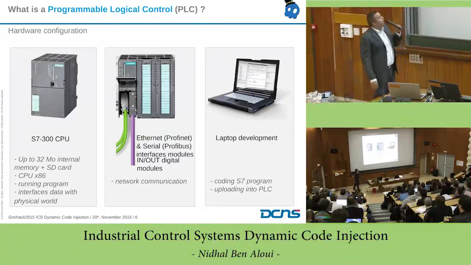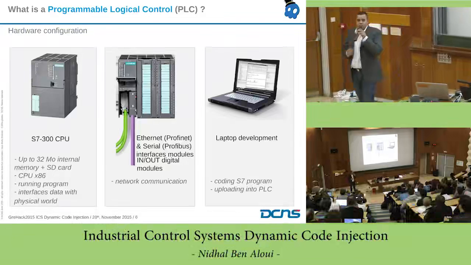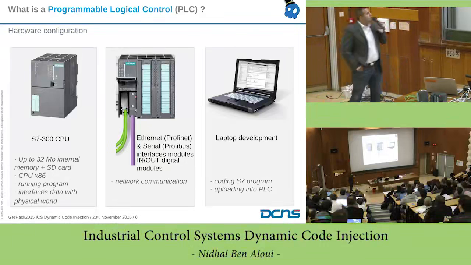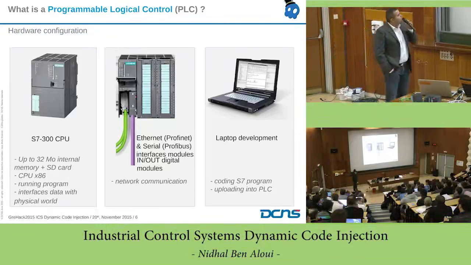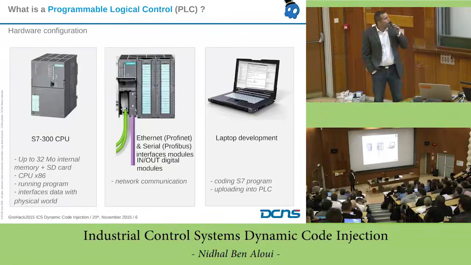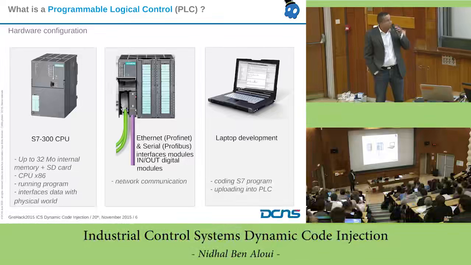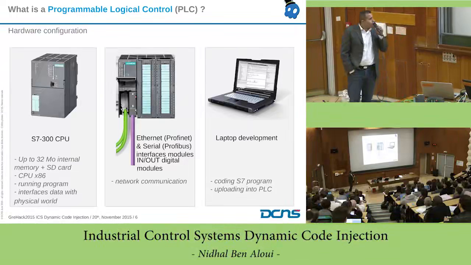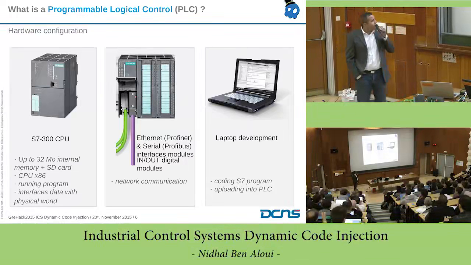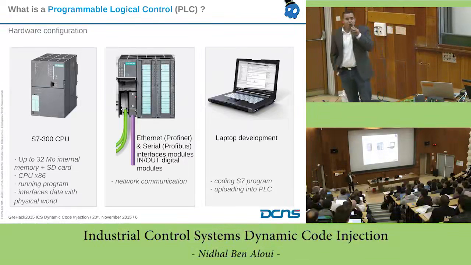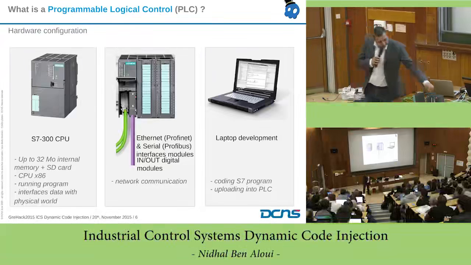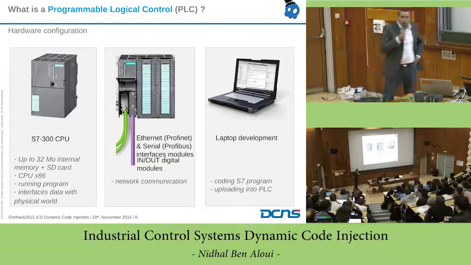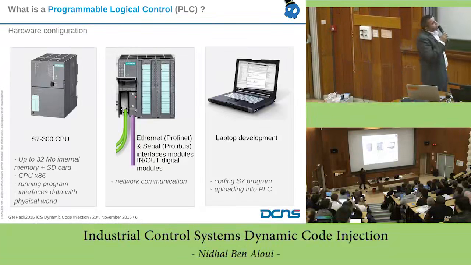The CPU used in my demonstration is an S7-300. Up to 32 memory internal, the SD card, simply an SD card, and the program running on the CPU, the interface with the physical world as shown here. More simply, you don't need to have a good comprehension of the equipment.